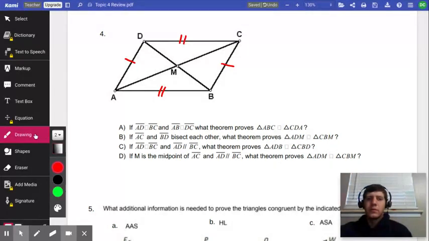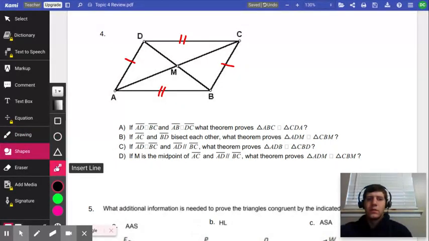Okay, and we're trying to show that triangle ABC, right triangle ABC here, is congruent to triangle CDA.